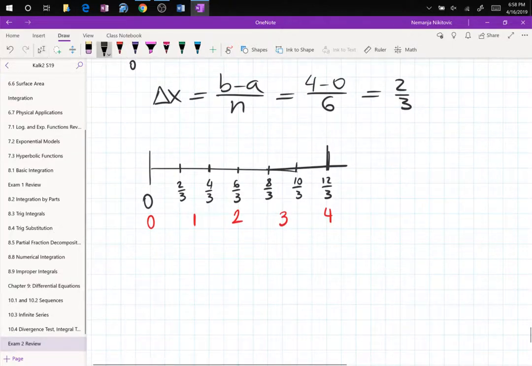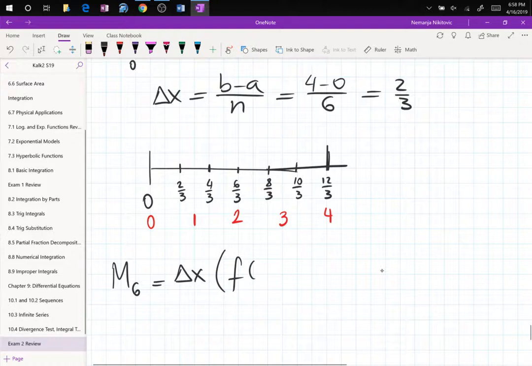For the midpoint, I have to calculate all the midpoints and then multiply by delta x. So what's M6 equal to? M6 is equal to delta x times f of x0 plus x1 over 2. So that's the midpoint.